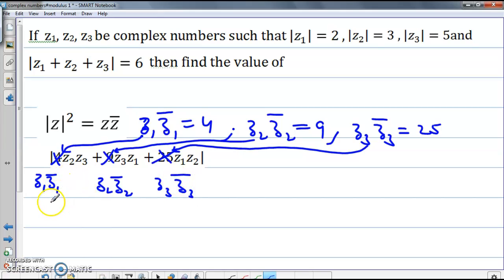Now see, z1 z2 z3 is common in each of the 3 terms. So taking z1 z2 z3 common, we get z1 conjugate plus z2 conjugate plus z3 conjugate.